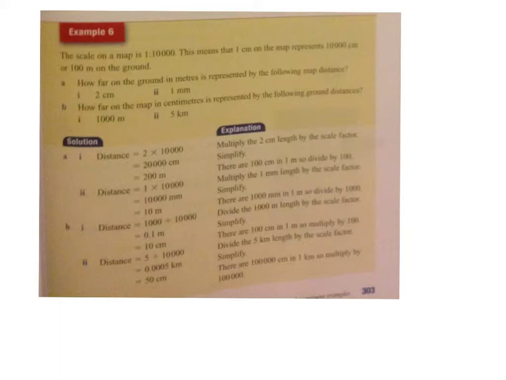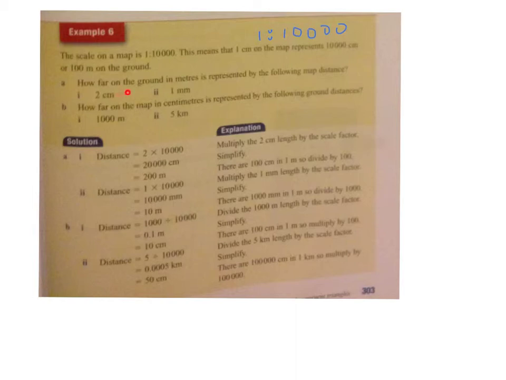Your ratio on your scale diagram is always in the same unit, so centimetres to centimetres. That would be written as 1, two dots, to 10,000. The first number is your map, the second is on the ground.